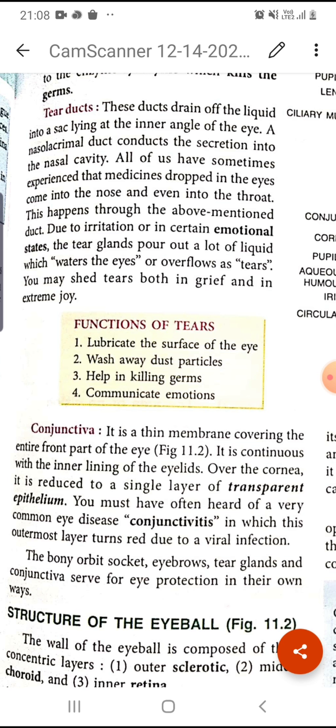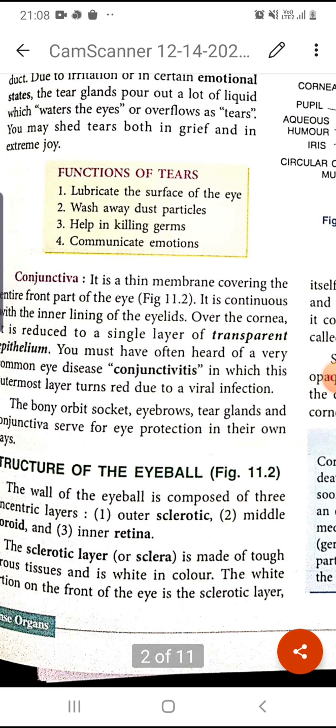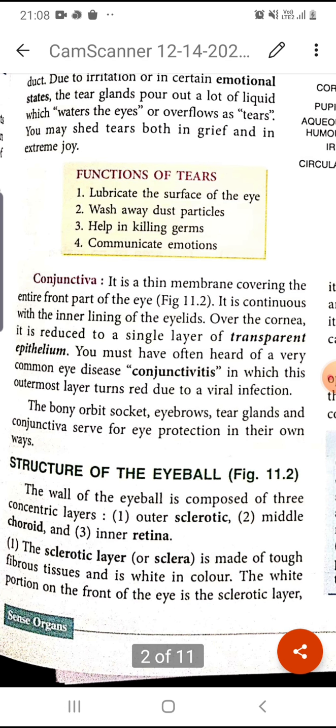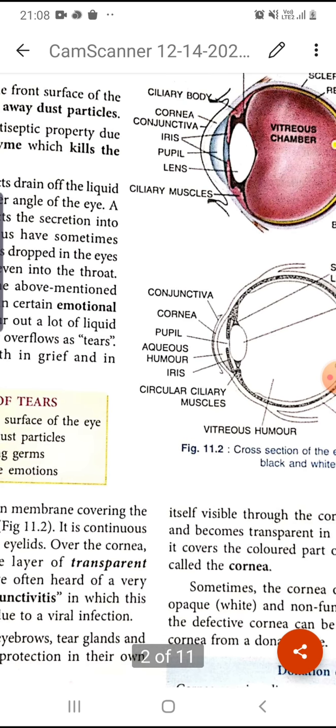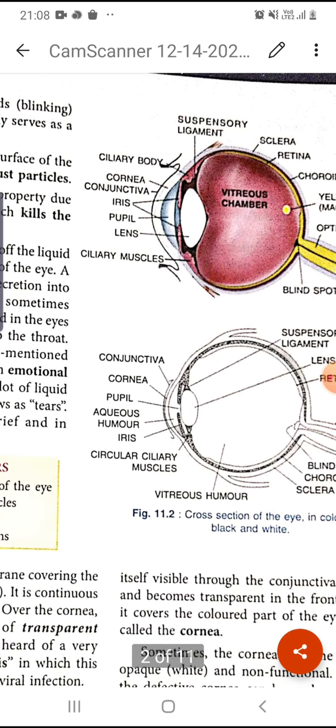So the functions of tears: it lubricates the surface of the eye, it washes the dust particles, it kills the germs, and it communicates emotion. Next is conjunctiva. Conjunctiva is a thin membrane that covers the entire part of the eye. You can see in this figure, that white outer portion is the conjunctiva.